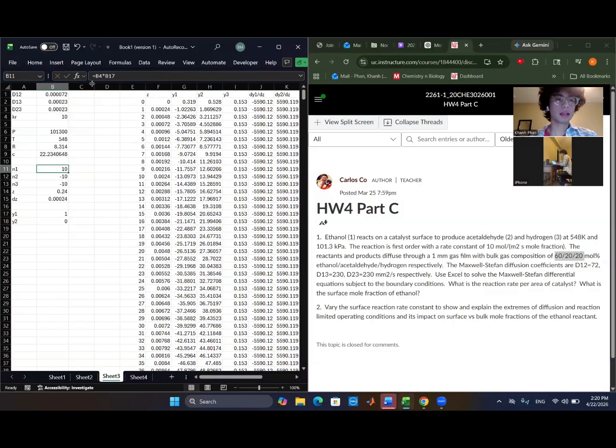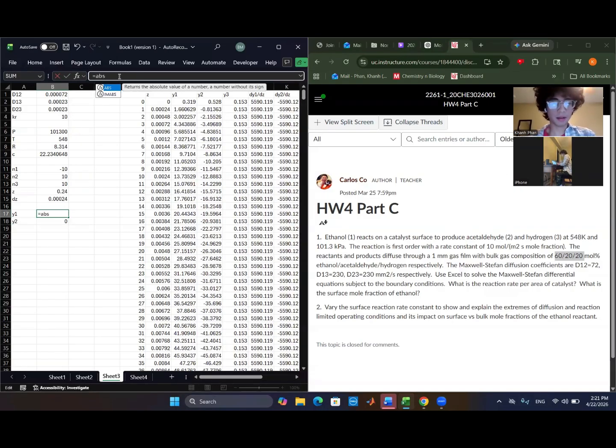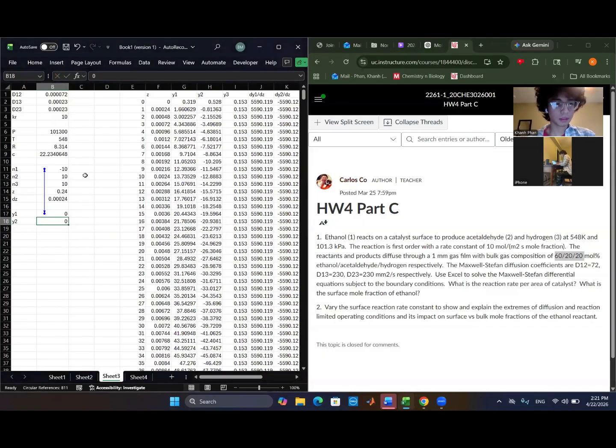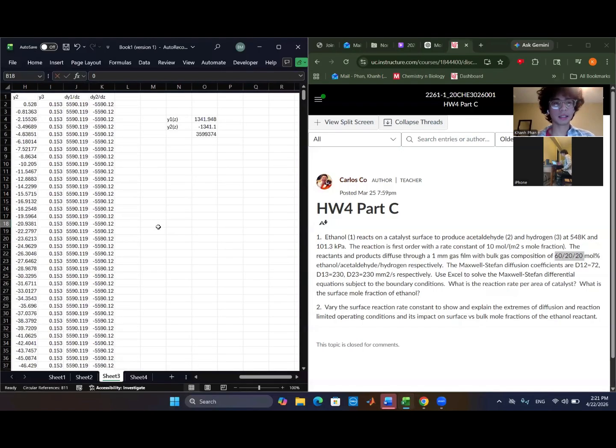Also, I forgot that since the ethanol is going down, it's going to have a negative sign over here as well. Oopsie. All right. So now, for Y1, let's do the absolute value of N1 divided by KR.